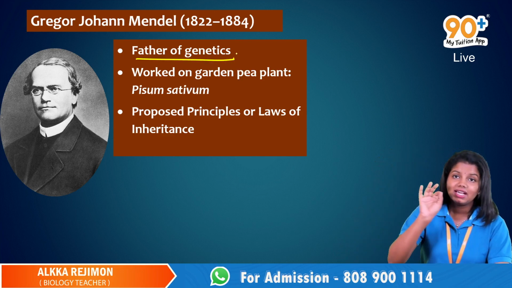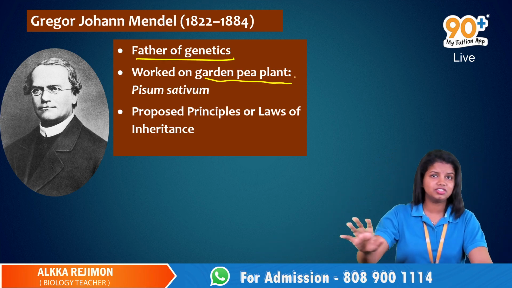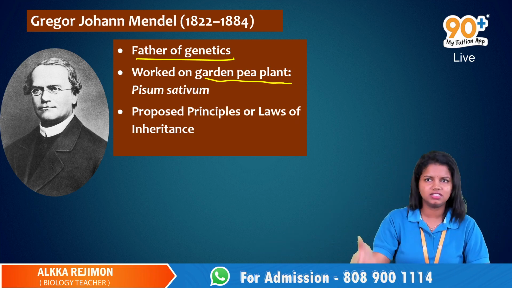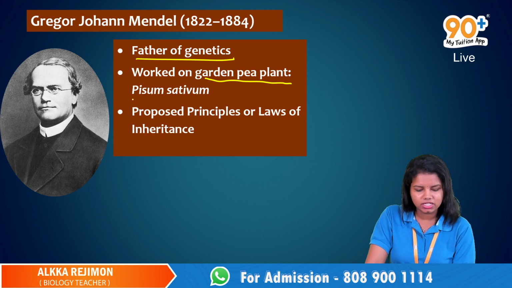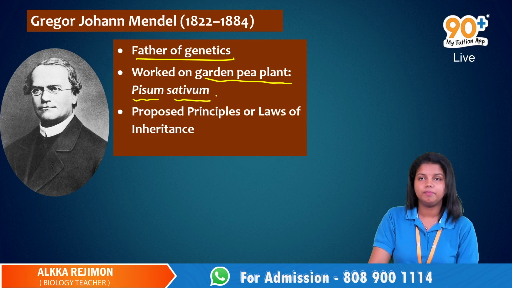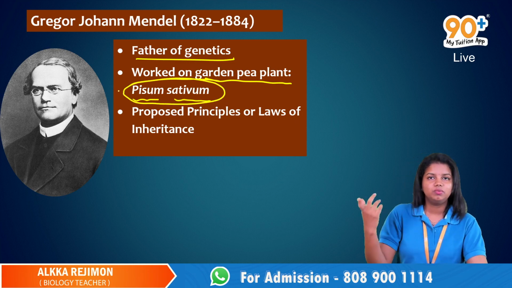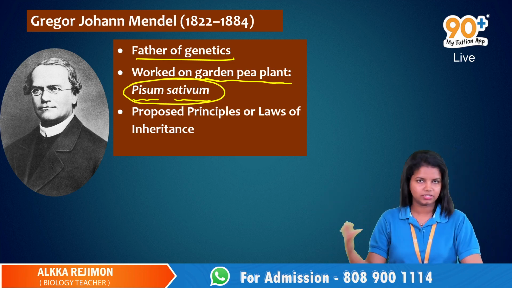And yes, the garden pea plant. Gregor Johann Mendel did most of his studies and experiments on the pea plant, the garden pea. And that garden pea is called Pisum sativum, and the name is very important. It has been asked in questions: which is the species of garden pea that Mendel worked on or experimented on.